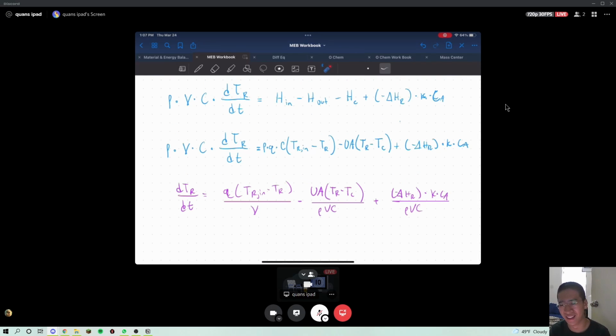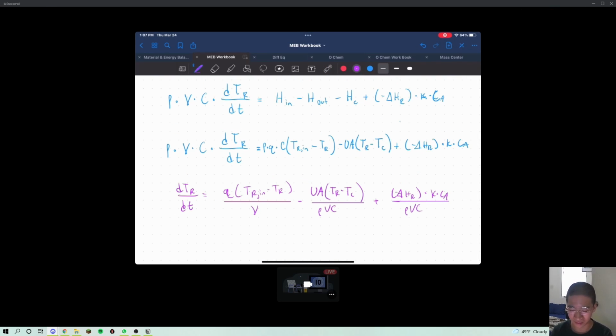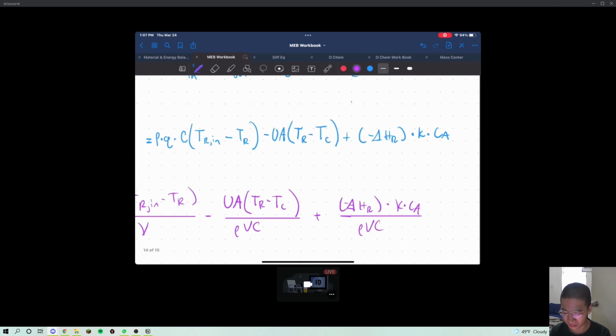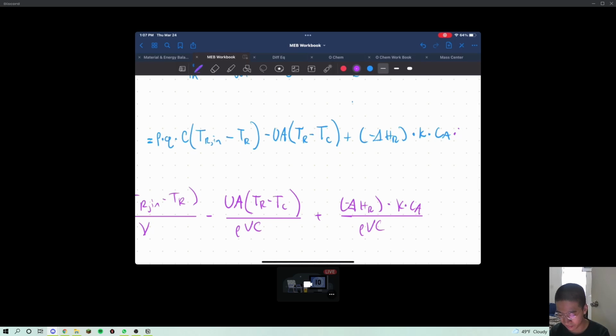And we're back. I was missing something. That being volume right here. There should be a volume. So since there's a volume there, all we're left with is rho and C. The reason why there's a volume there, because let's check the units.